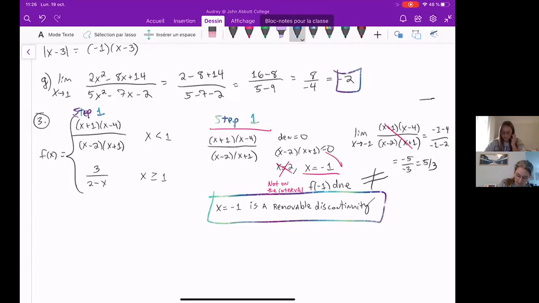And then the next thing is 3 over 2 minus x. So again, I'm setting the denominator equal to 0. So 2 minus x is equal to 0, which gives me x equals 2. Is that on the interval? Is that greater than or equal to 1?